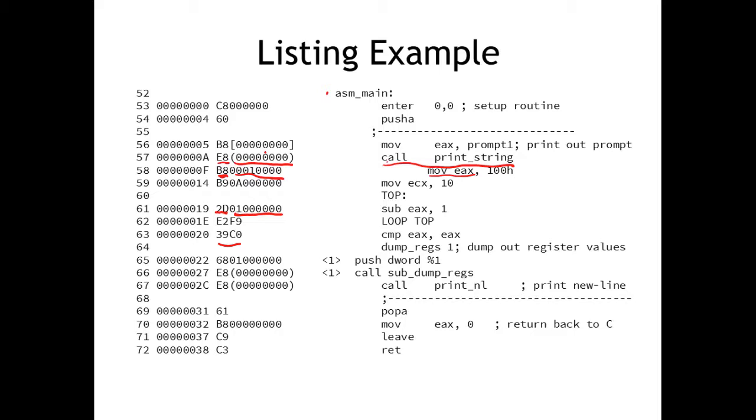We talked about memory addresses, and we need to know where to jump to in the address space in order to execute that function. When we generate this listing, we haven't done the actual linking. So this is really just a stub saying, eventually when this program runs, an address will be automatically filled in here so we know where to go. That's what you're looking at when you see that E8 and then this empty value.